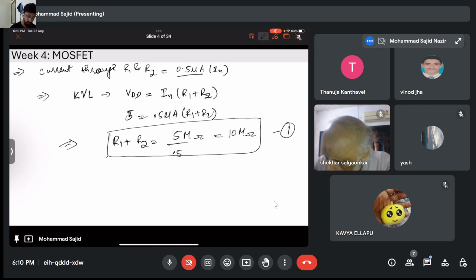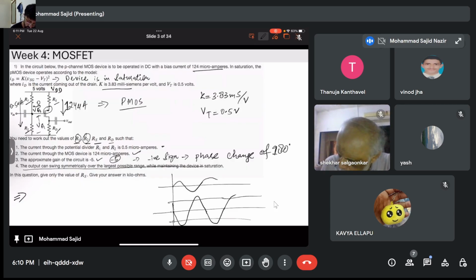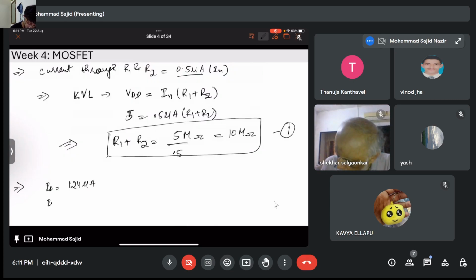Okay. Another thing we can calculate is that ID is also given to us as 124 microamperes, right? It's given in the question. And for the device, the current equation is K times (VSG minus VT) whole square. So I can write 124 microamperes equals K times (VSG minus VT) whole square.